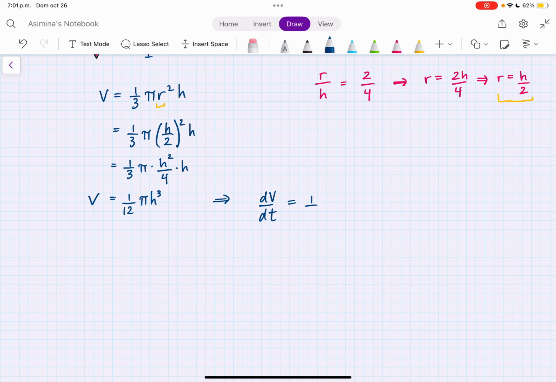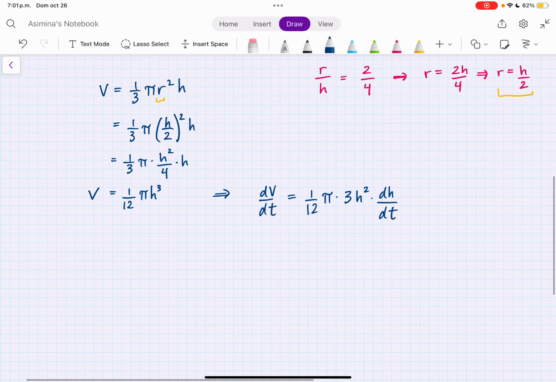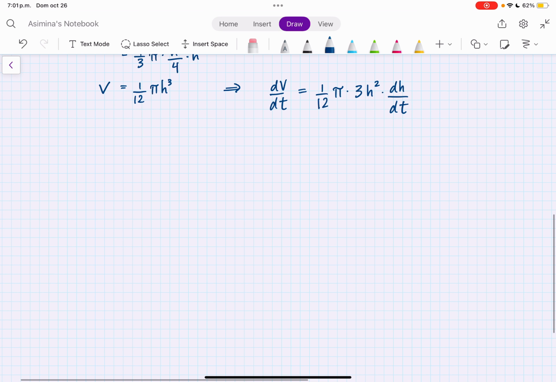So I have 1/12 pi times 3h squared dh/dt. Now let's simplify what I have on the right hand side. 3/12 is 1/4, so I have pi over 4 times h squared dh/dt.